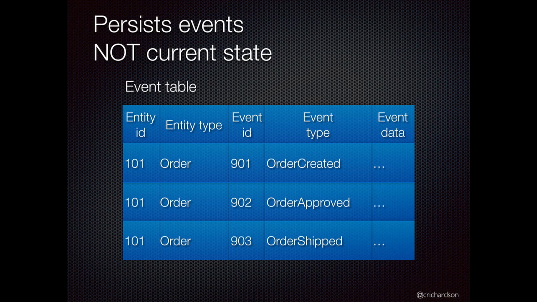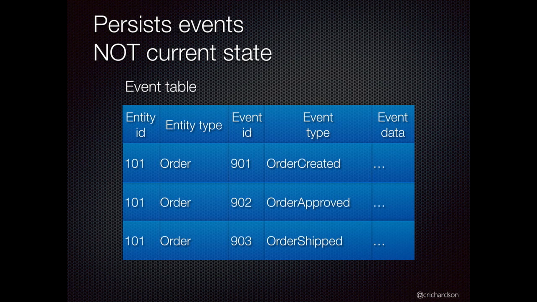Depending on how you've implemented the event store, there might not actually be any tables. But there are several models. You could have one event table for your entire system, you could have an event table per service, or you could have an event table per aggregate type. So just think of this as a conceptual table.